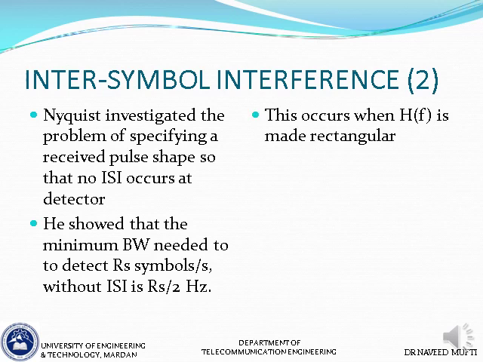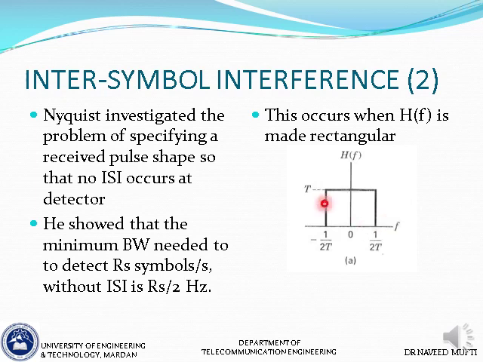And basically, when does that happen? When your overall system transfer function is made rectangular. So this is what he discovered, that if your overall system transfer function is like an ideal low pass filter, then it is possible to avoid intersymbol interference.